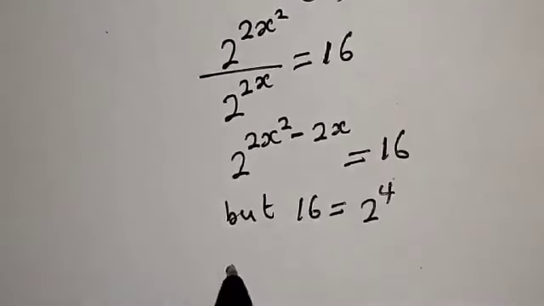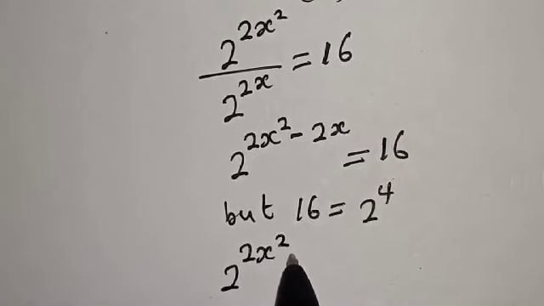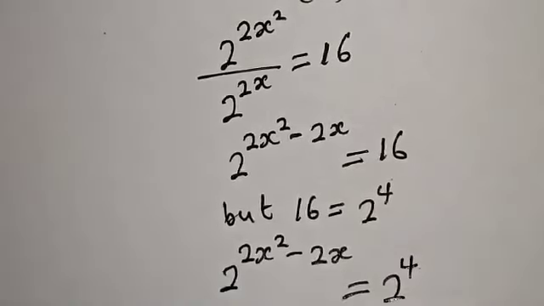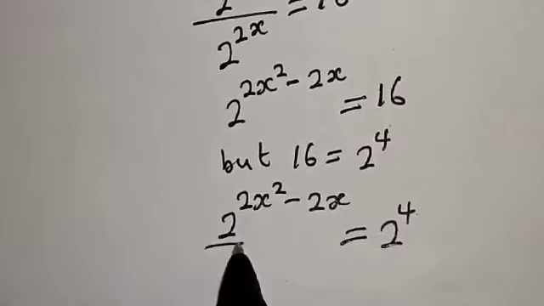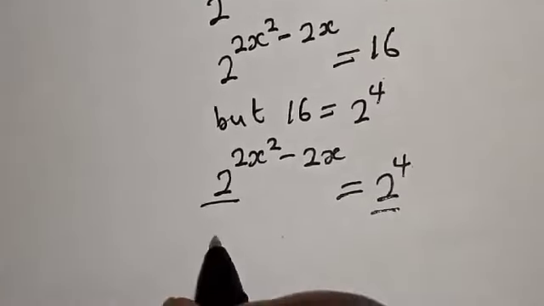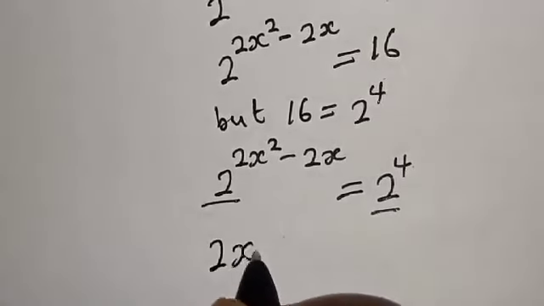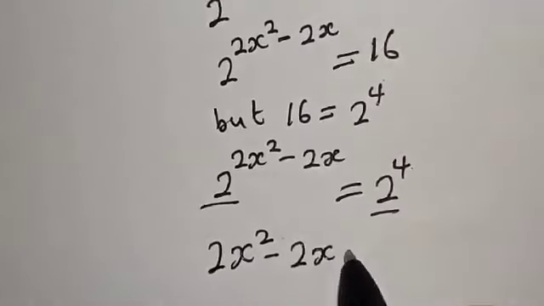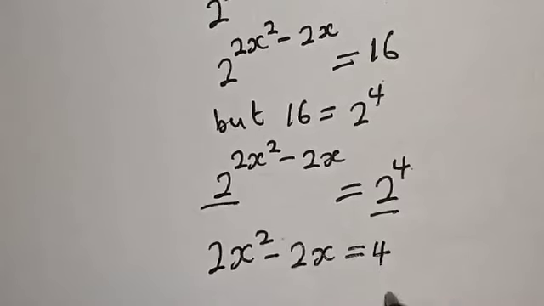Then this is 2 raised to power 2s squared minus 2s is equal to 2 raised to power 4. Now they have the same base 2, so we work with the exponents: 2s squared minus 2s is equal to 4.